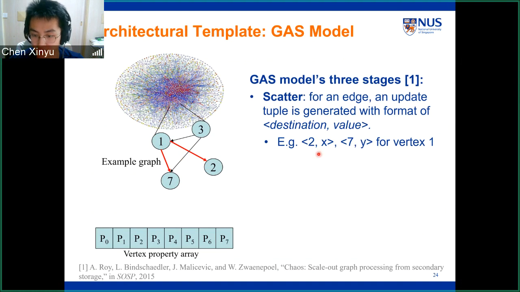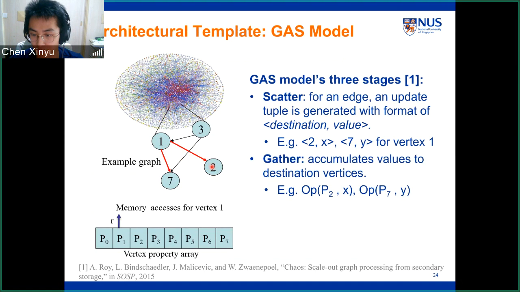In the next stage, basically, each vertex will accumulate the values to destination vertices. Like in this case, the system will accumulate the updates from vertex 1 to vertex 2's property, and then write it back.